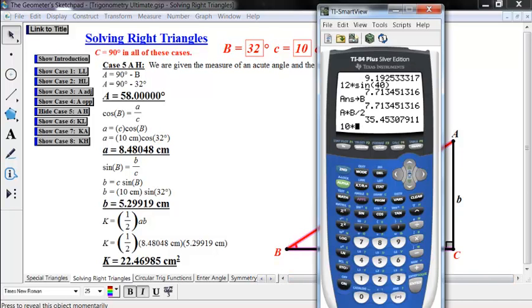So 10 times cosine of 32 degrees is 8.48 something there.